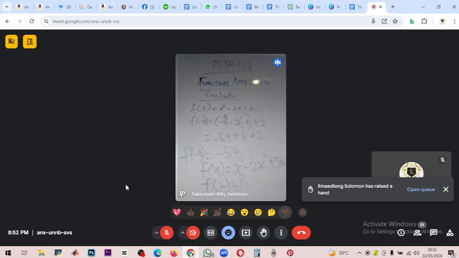If this is the function, what is f of 2? Are we there? Let's do it right now, everyone. The function is f of x equals x cubed minus 2x squared plus 5x. What is f of 2?